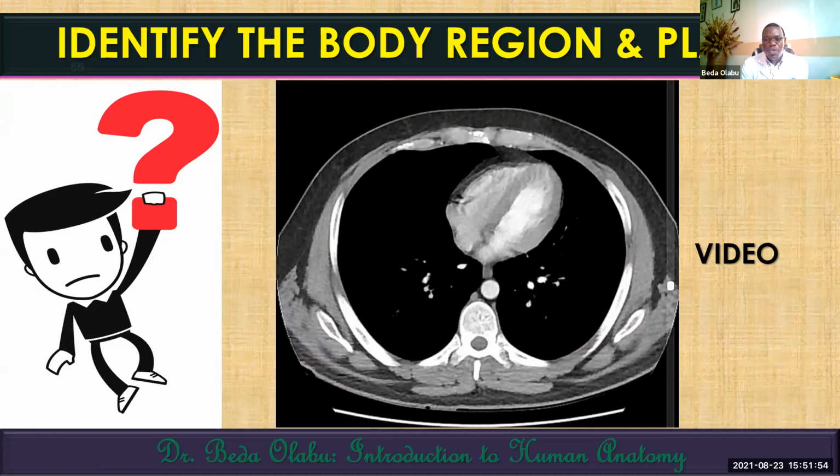Still, body region is thorax and plane is axial. The only difference is that in this particular image, we are not seeing the lung structures so well. It's dark. In the previous one, we would see the outline of the lung more prominently. These are CT scan images. The previous one is called CT scan in the lung window, and this one CT scan in what we call the mediastinal window. We don't have to go into those details for now.